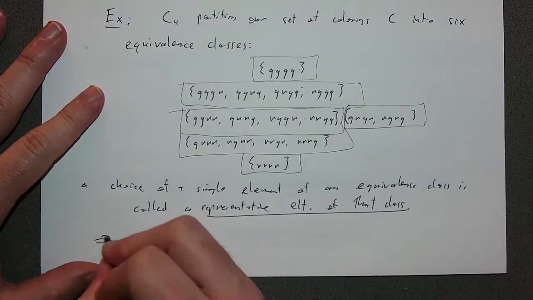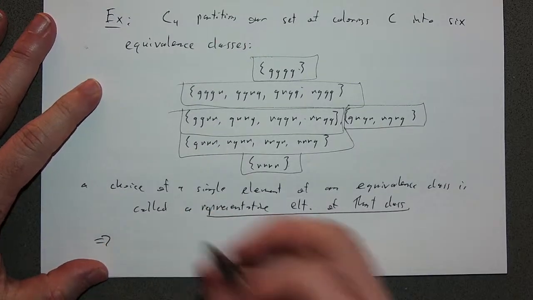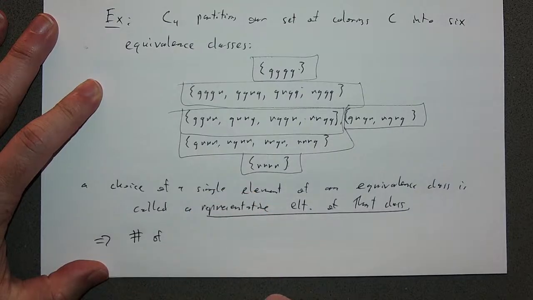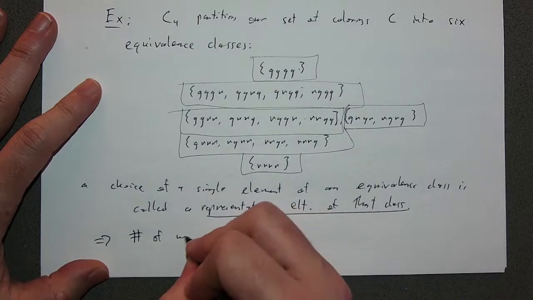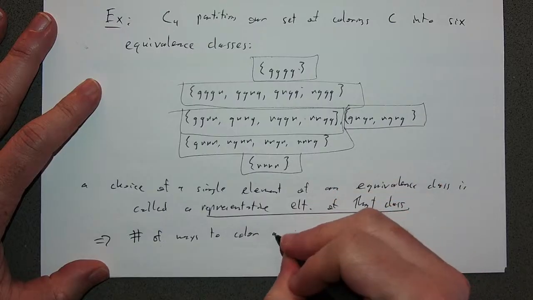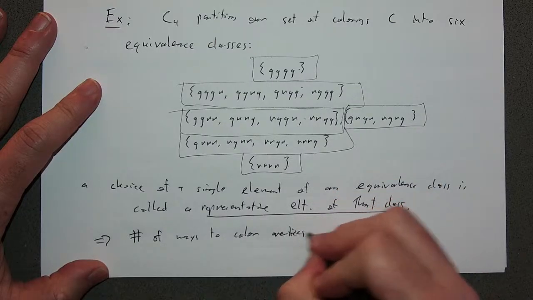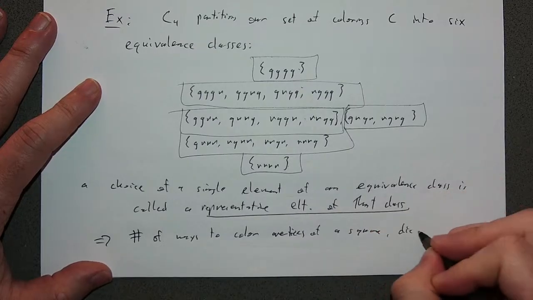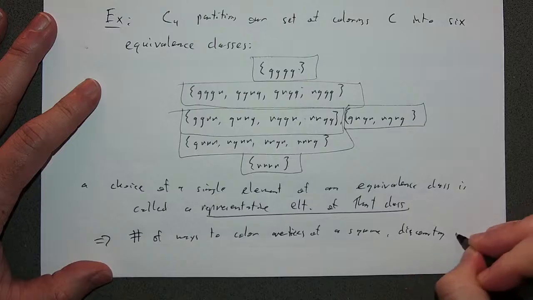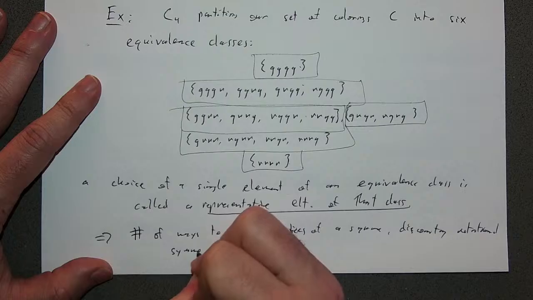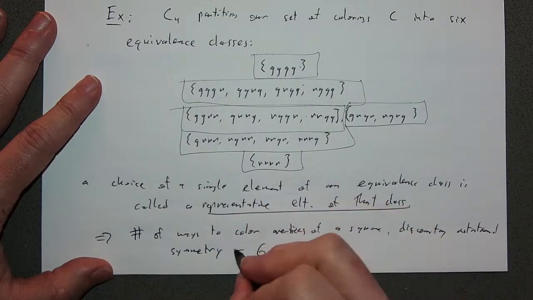This tells us that the number of ways to color the vertices of a square using 2 colors, discounting rotational symmetries, is equal to 6.